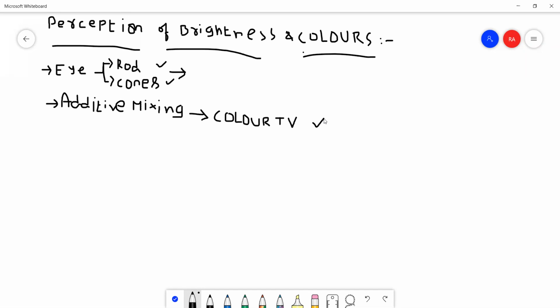So this perception of brightness and colors forms the additive mixing of the colors. This additive mixing is said to form, suppose, a yellow color. To form the yellow color, it is equal to the combination of red plus green.